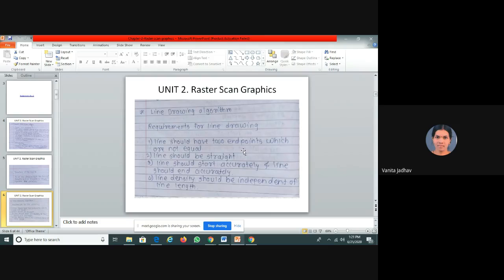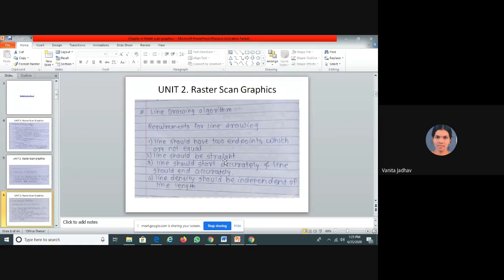Whatever two endpoints we take should be totally separate. Are you agreed with me? Yes? Yes, ma'am. So the two endpoints should be totally separate.